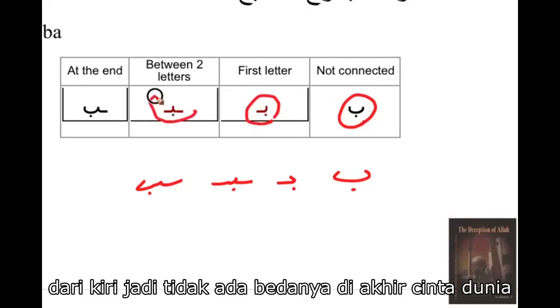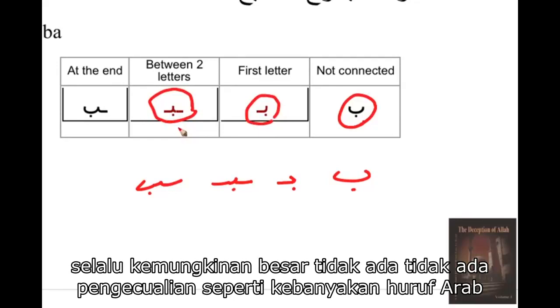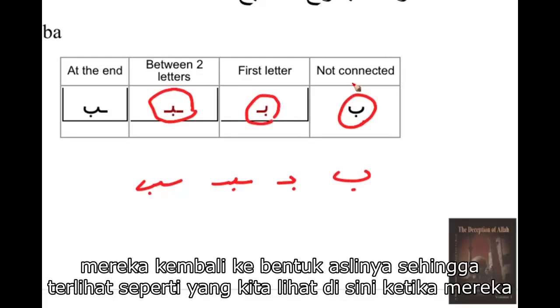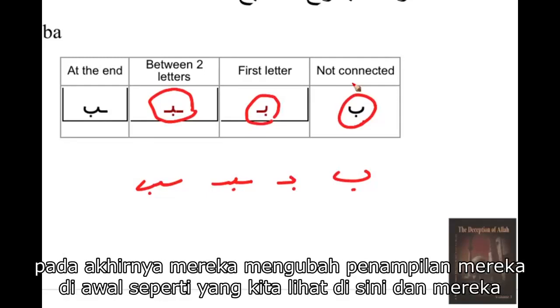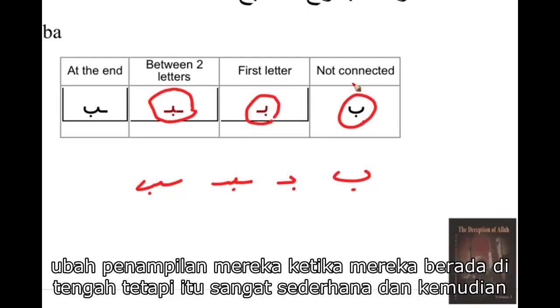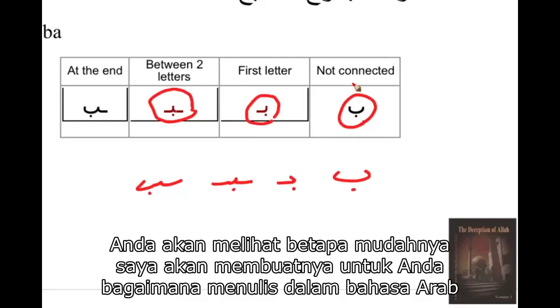However, at the end of the word, mostly Arabic letters go back to the original shape, so they look as we see them here. They change their look in the beginning and in the middle.